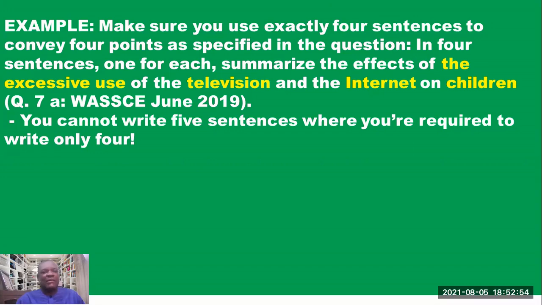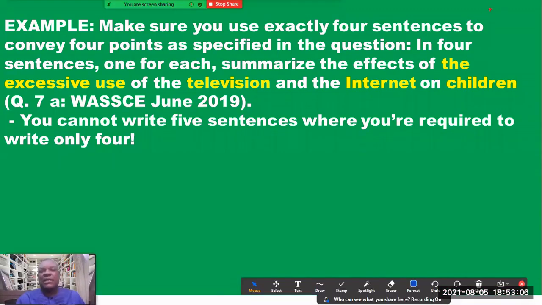Now let's look at this question that featured in the West African Senior School Certificate Examination of June 2019. Here you are asked to, in 4 sentences, 1 for each, summarize the effects of the excessive use of television and the internet on children.